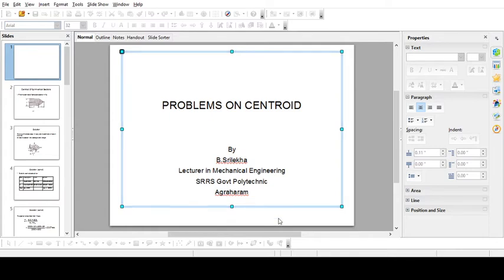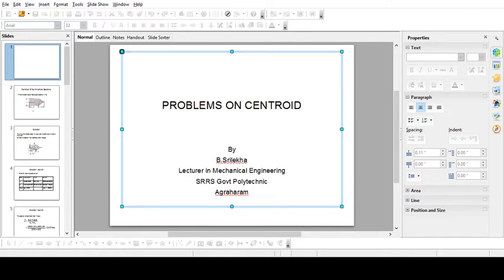Next. So you know that the centroid is nothing but the sum of the moment of areas by the sum of the areas. So let us do this. So y bar, nothing but the centroid or distance from the x-axis of that particular I section, is the sum of the moment of areas by the sum of the areas.